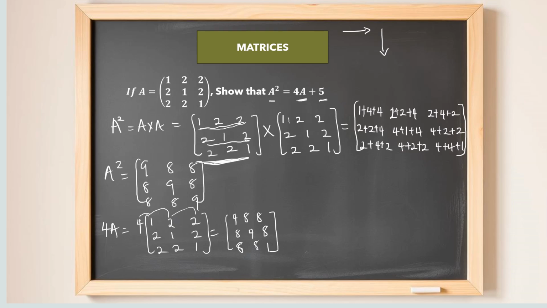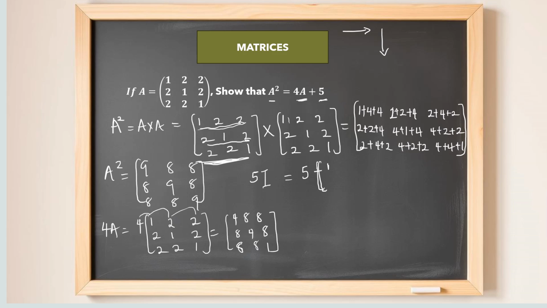Now, what about 5? Here, we can say that your 5 is multiplying an identity matrix. And how do you put an identity matrix? It's like saying we have 5 multiply your identity matrix of 3 by 3 matrix.